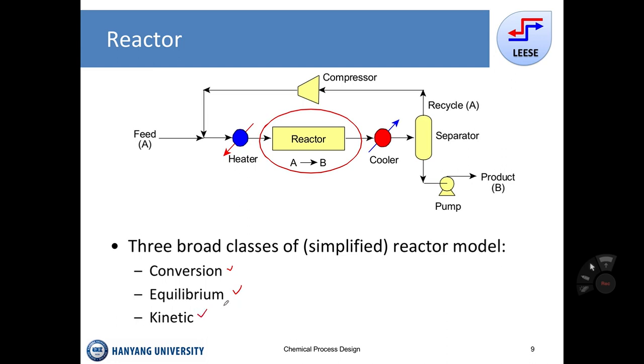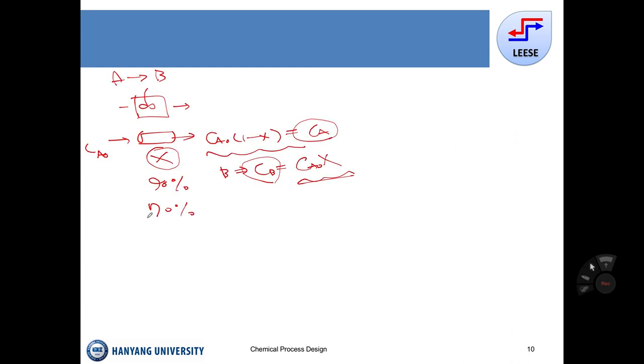Let's say this reaction is based on kCA. So first order reaction, then the Arrhenius constant k will be used as a reaction constant. So these reactions follow the first order behavior as kinetics.